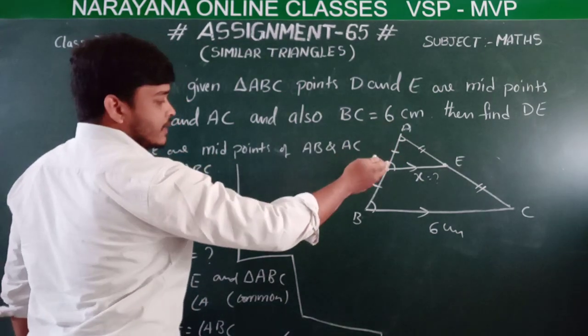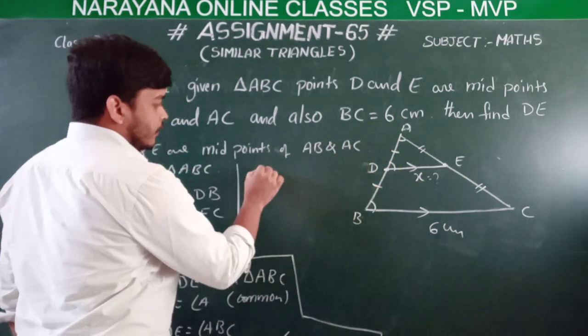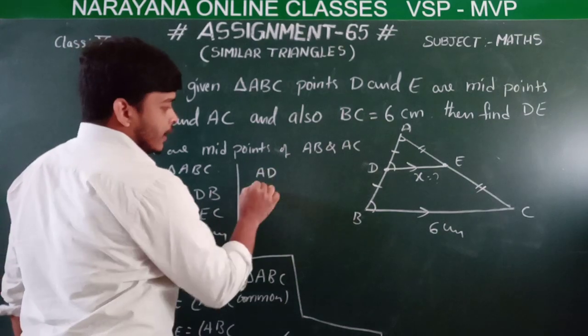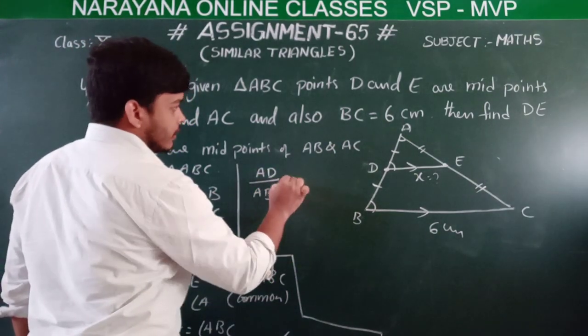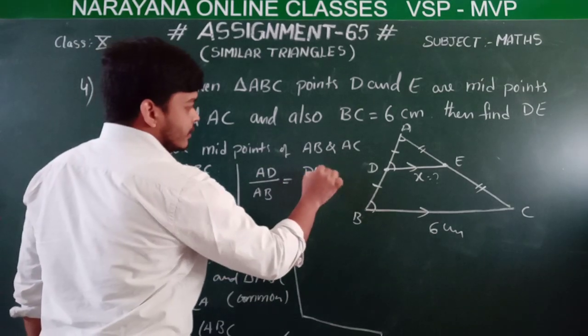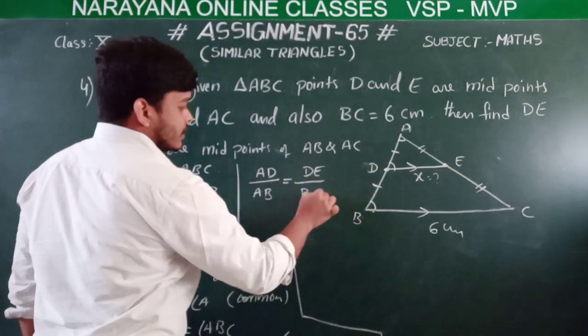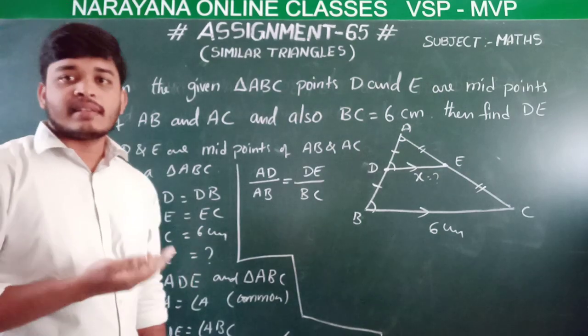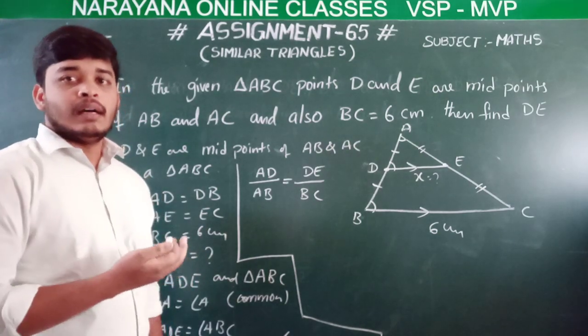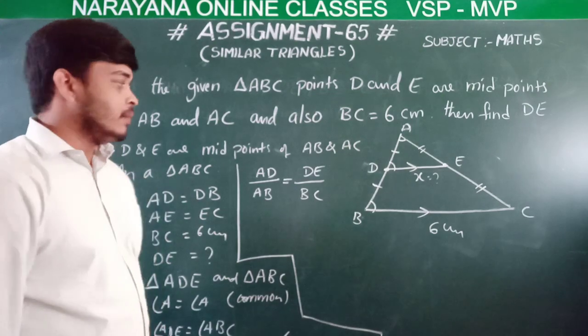Triangle ADE is similar to triangle ABC. Therefore AD by AB is equal to DE by BC. It means corresponding sides are in proportion. If two triangles are similar, their corresponding sides are in proportion.